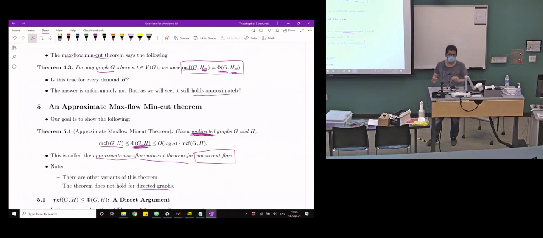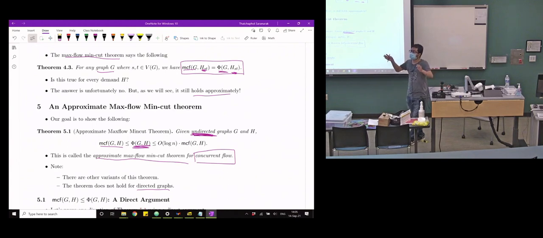We will try to prove this. Sorry, probably a stupid question. Yeah, please. Is there a simple reason why the MCF exists as a maximum value? Why MCF exists at all? Well, MCF can be 0.